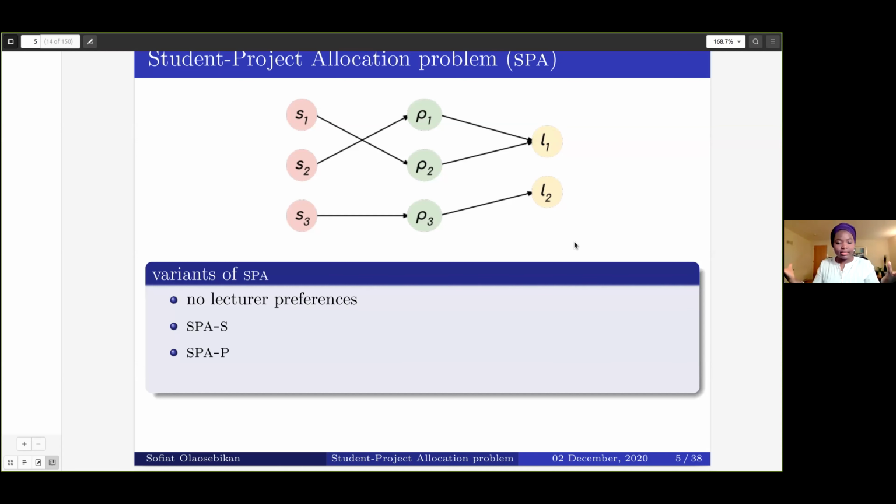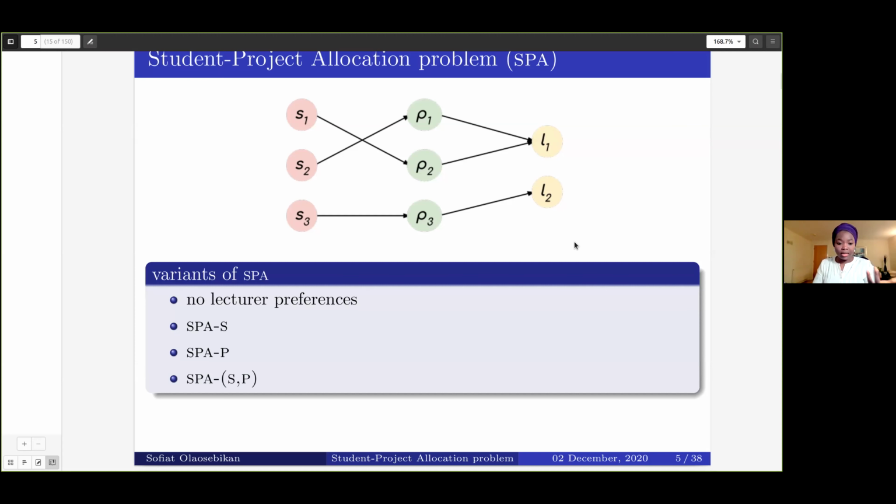This arises in a situation where lecturers might be expected to produce, say, up to a certain number of projects. However, some of these projects are closely related to their current area of research, and they would rather supervise those than some other projects they propose just to meet the capacity constraint.